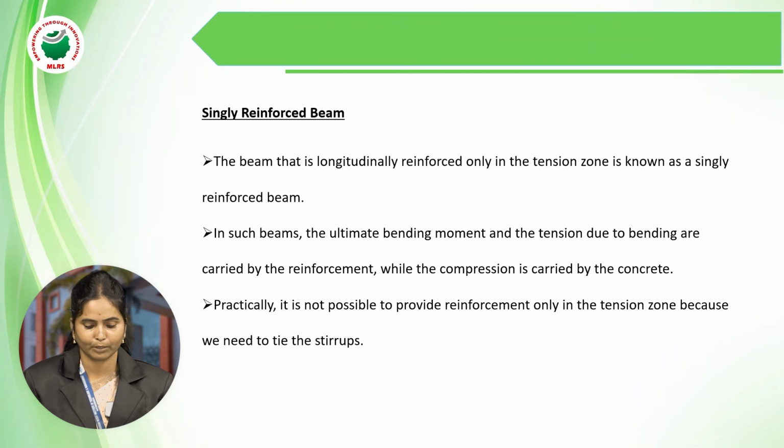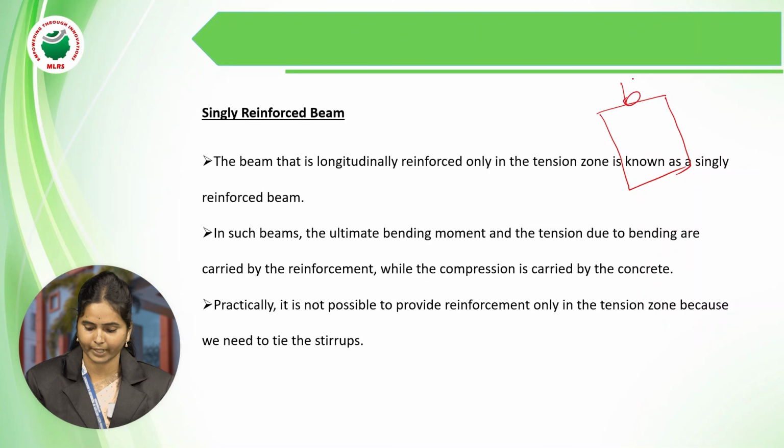So, next we have discussed the singly reinforced beam. The beam that is longitudinally reinforced only in the tension zone is known as a singly reinforced beam. For example, we take the beam. This is the breadth.